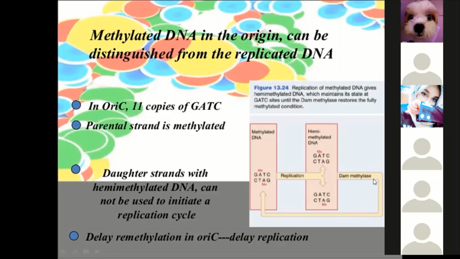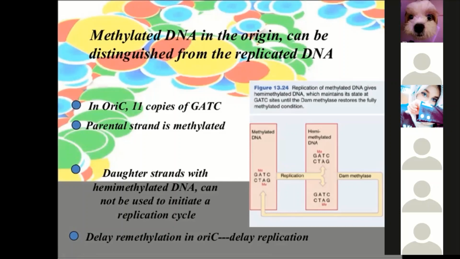So this is a control: the methylase does not methylate the strands immediately. It delays remethylation at oriC so that replication will be delayed. Okay, this is one type of control.